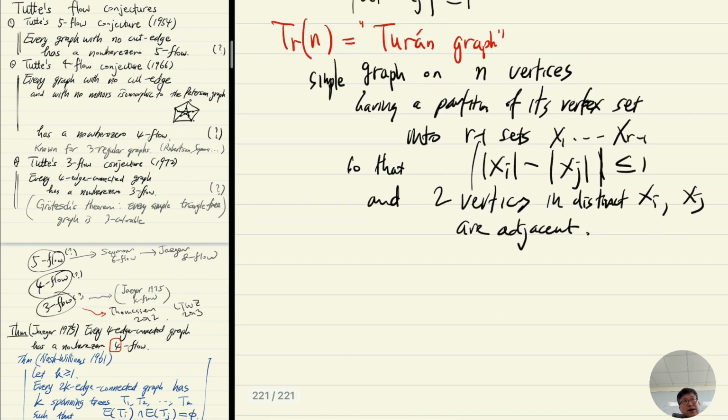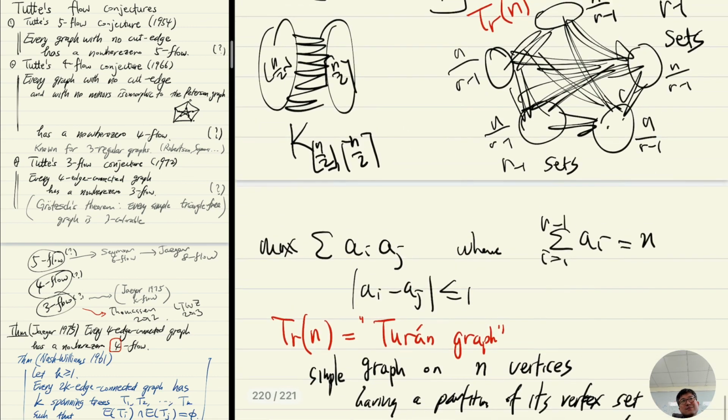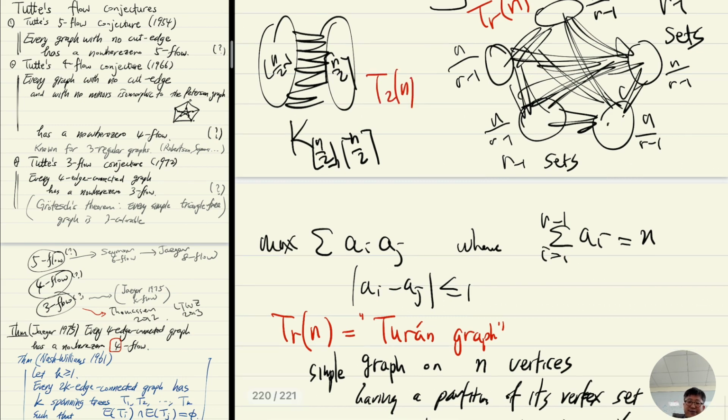It's a simple graph. Okay, so that's a Turan graph. So in a sense, this is T2n, this is TRN.